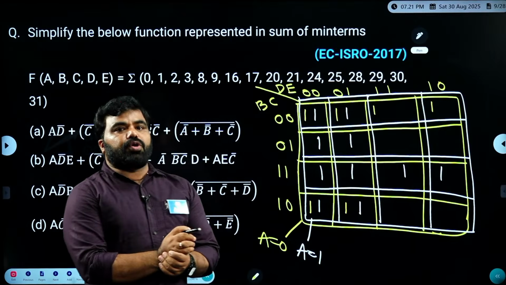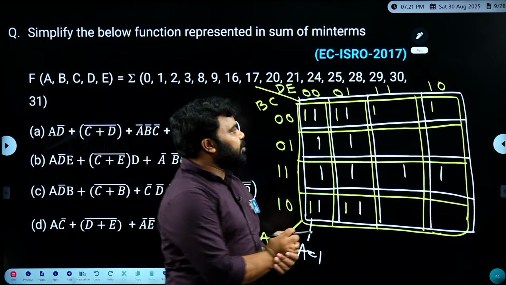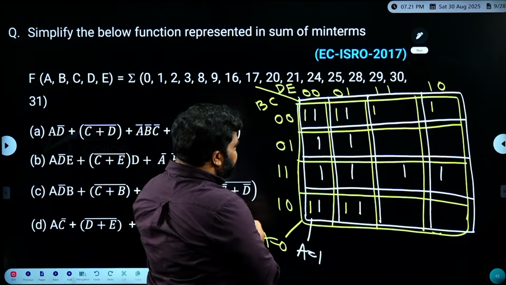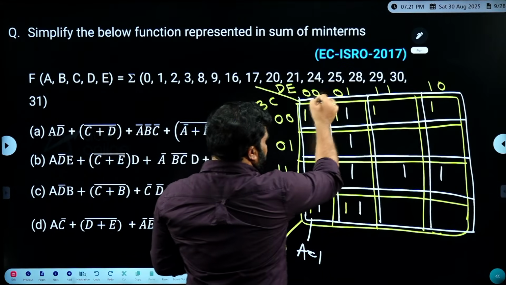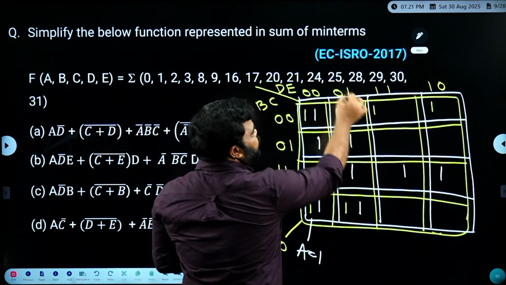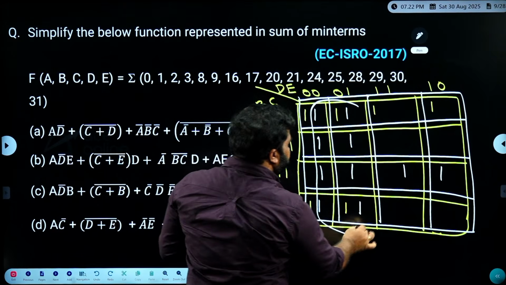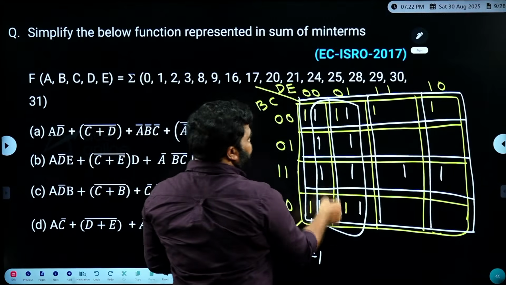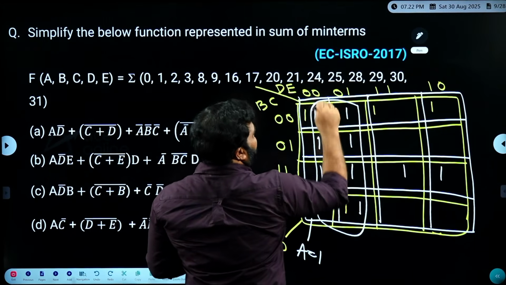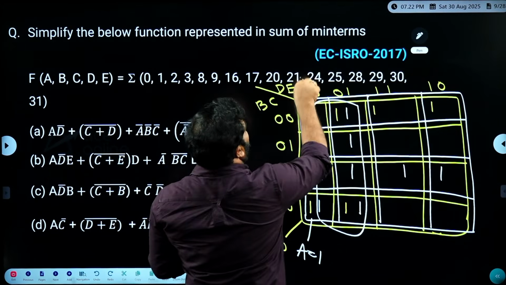Now let us group to find a minimal expression of this. If you are observing clearly, there is an octave in A equals to 1 K map. And also here we have an octave both from A equal to 0 and A equals to 1.